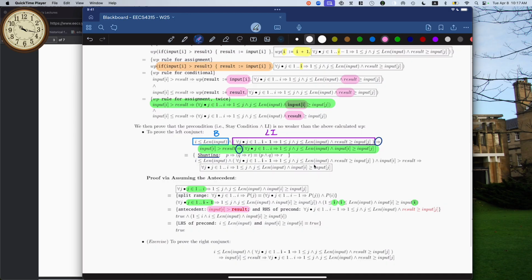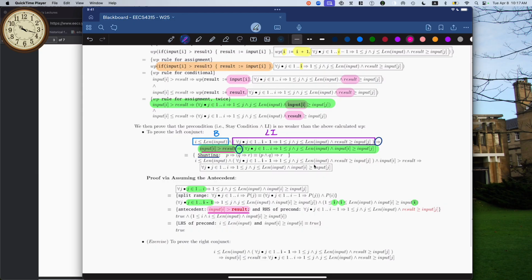Input I larger than result, right? So think about this one here: it comes from one of the antecedents that we assumed. Or if you want, I can show you another place over here. Oh, sorry, let me do better.